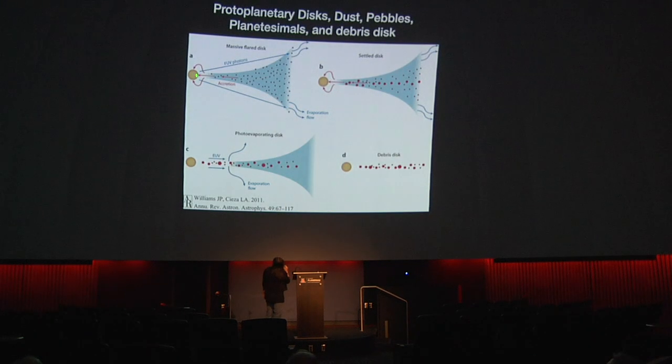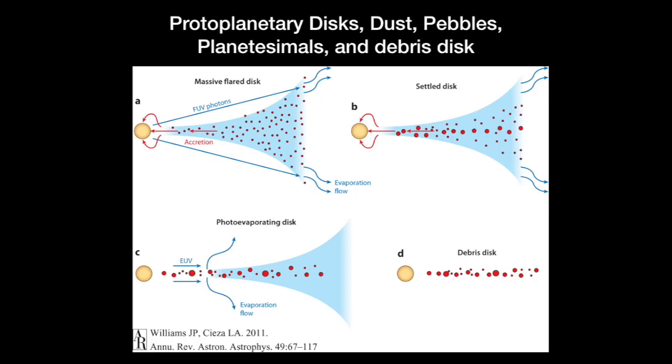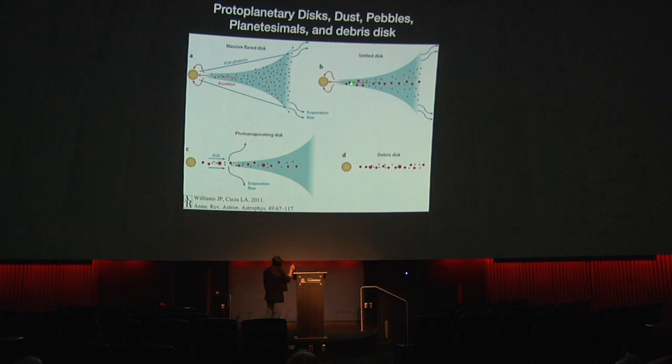So here's the cartoon again. The blue part is the gas, and the red dots represent dust. There's the star, and at the beginning, the gas gets accreted onto the star. And the dust, in the end, will settle in the mid-plane. They grow larger.